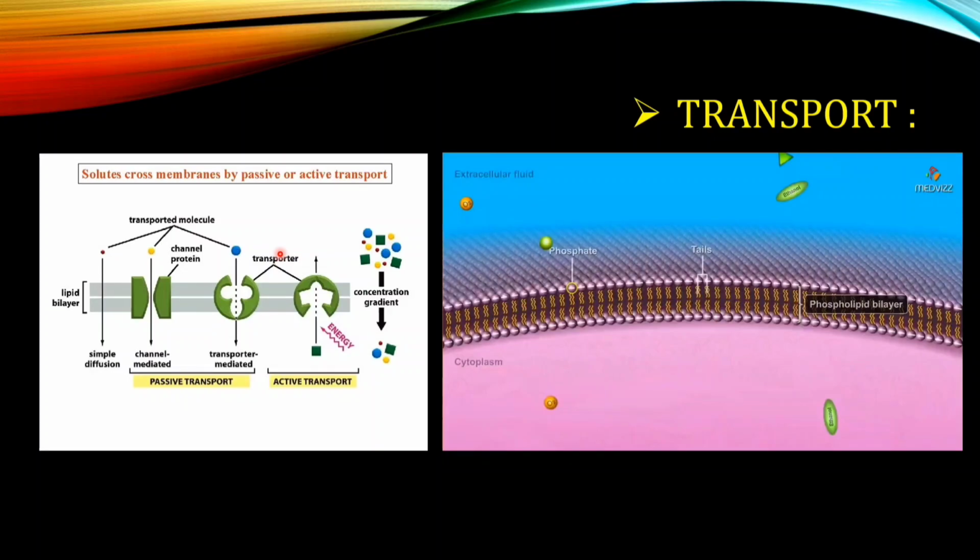Now shift to the next part. Those two are the transporters. Molecules are transported via the transporter from high to low or low to high concentration. Generally, you can travel from one place to another when you have your own vehicle like a bike or car.